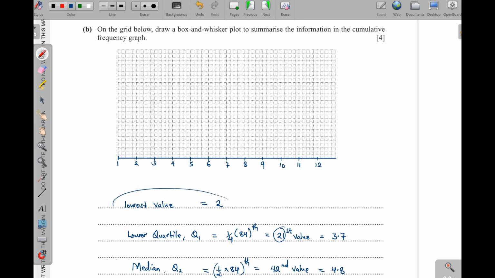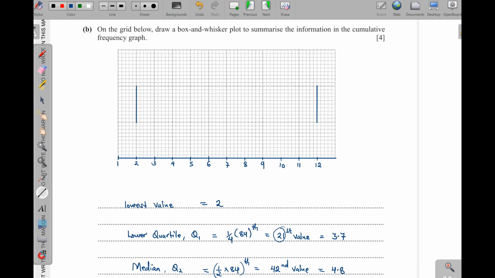So we begin plotting. This is a 2. I'll draw this one here. 2, that is my lowest. The highest is 12. I'll draw here.